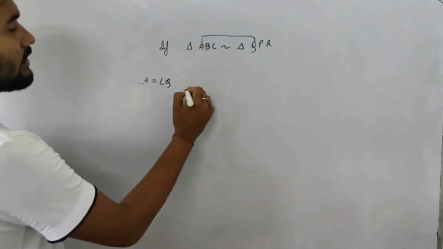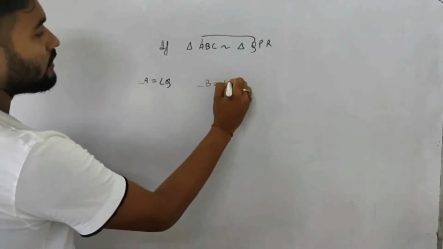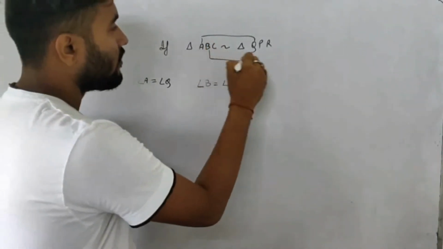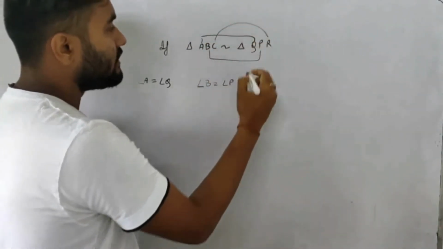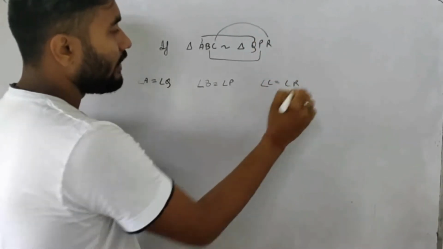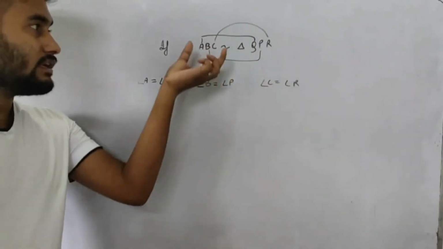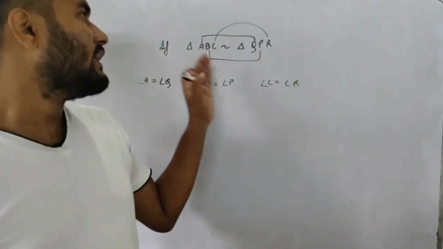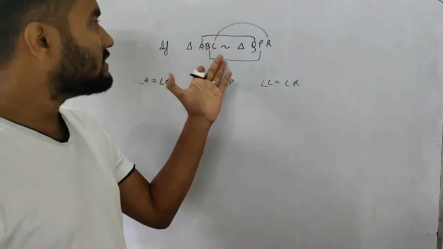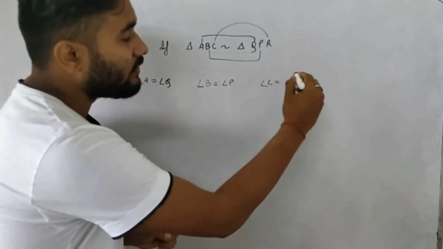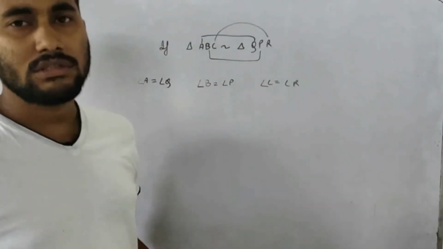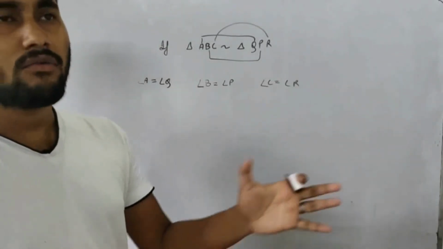Then you can also say that angle B will be equal to angle P. And you can also say that angle C will be equal to what? Angle R. So by this technique, without looking in the diagram, you can say from here only that angle A will be equal to angle Q, angle B will be equal to angle P, angle C will be equal to angle R. Simply then after that you look at the diagram and you say whether they are alternate angles, whether they are vertically opposite angles, whether they are equal to 90 degree or whatever, okay.